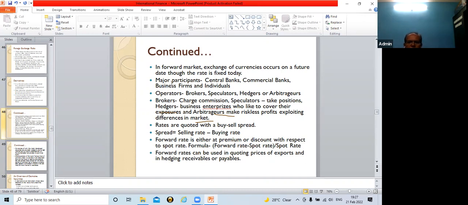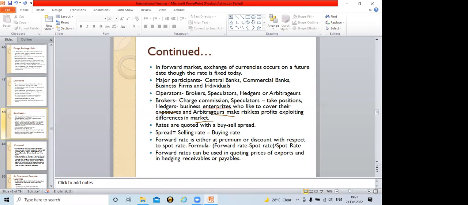Now, याच्यामध्ये participants कोण आहेत? Central bank, commercial bank, business firms, and individuals. Now, who is the central bank in India? RBI. RBI is the central bank.